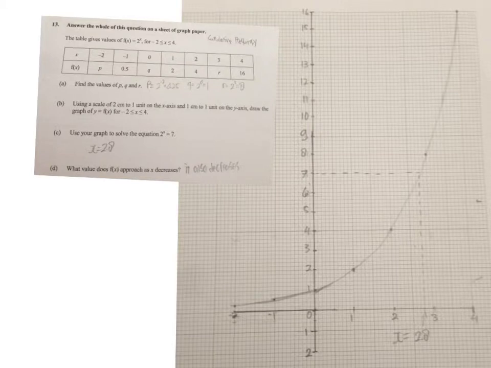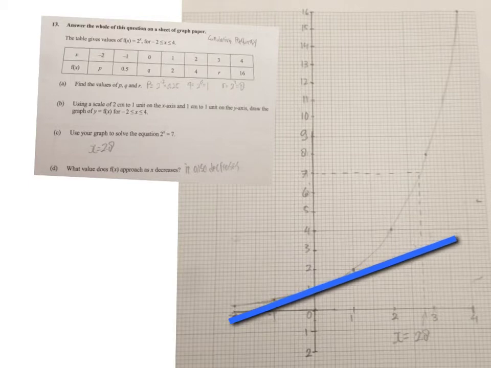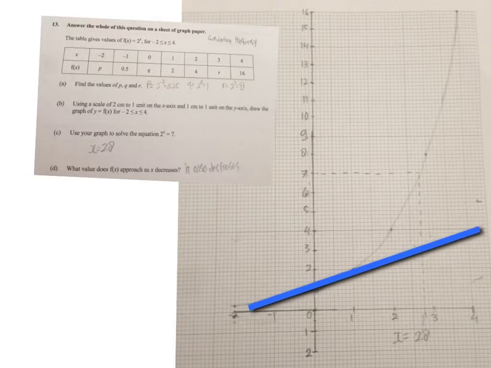Okay, drawing a graph. Now, this was done by Fatur, and the only bit that Fatur missed out was what to do when you need to draw a tangent to that graph and find the equation of the tangent. Remember, a tangent should touch your curve only once. So if I was going to draw a tangent to this graph at the point where x equals 1, it should touch my curve once, where x equals 1.